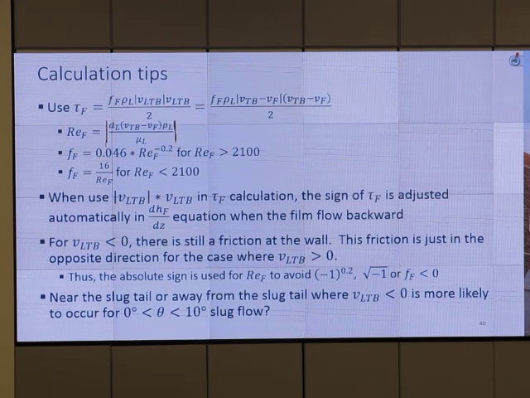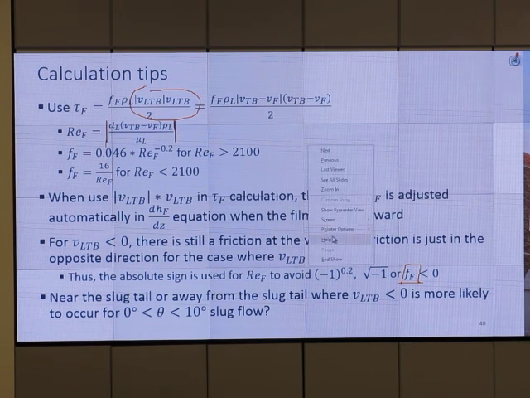Okay? Can you say it again? V can be negative, so the Reynolds number can be negative. So when the Reynolds number is negative, the Reynolds number raised to the power of minus 0.2 gives an imaginary number, and the program crashes. Okay, doesn't work. Or if somehow it is okay, then you get negative friction, which may interfere with the sign convention that we have over here.